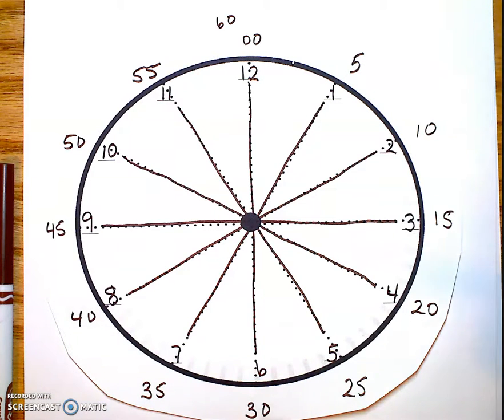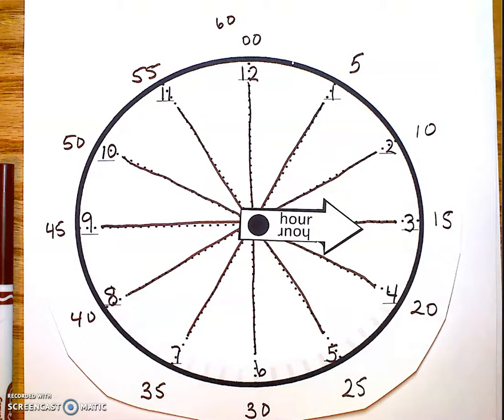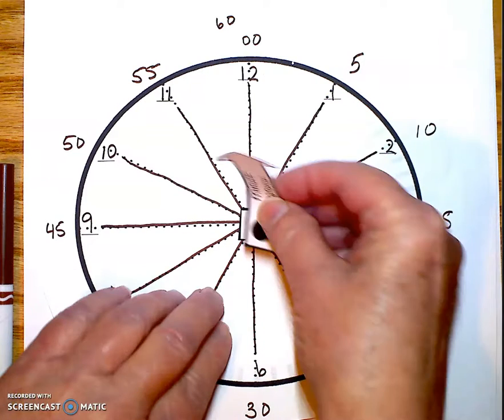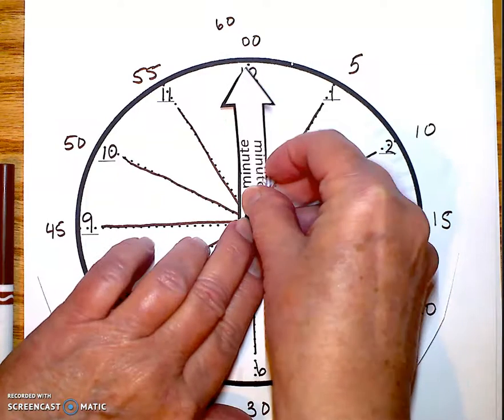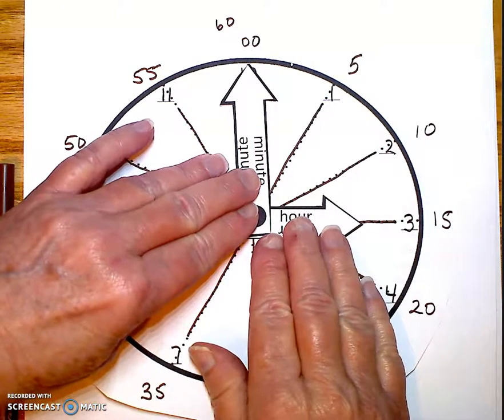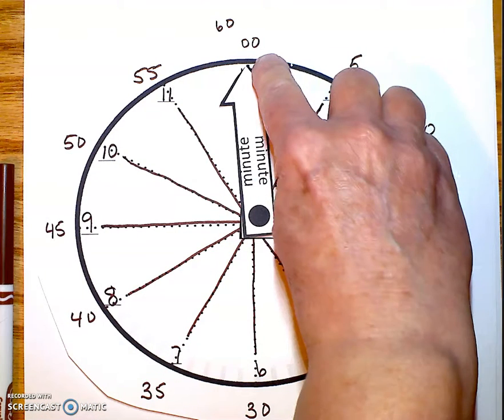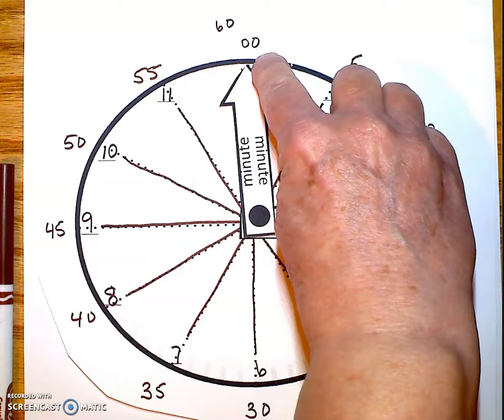Do you remember? The short hand is the hour hand. The long hand is the minute hand. And when the minute hand points up here, we say o'clock.